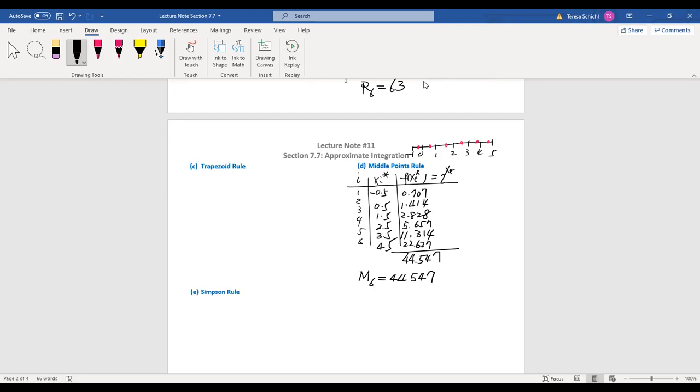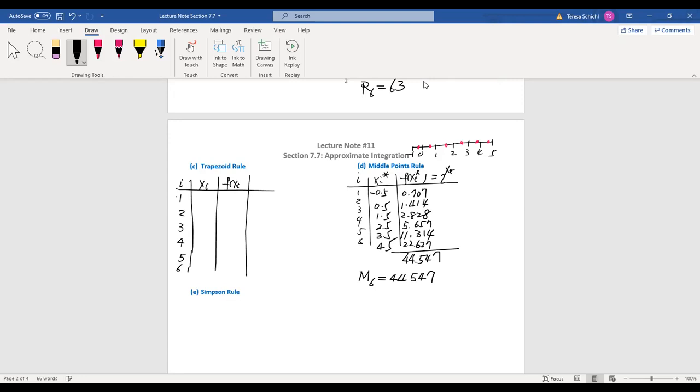Okay, let's take a look at the trapezoid. The same way here, my i is 1, 2, 3, 4, 5, 6. Now my xi, and this is my f of xi.